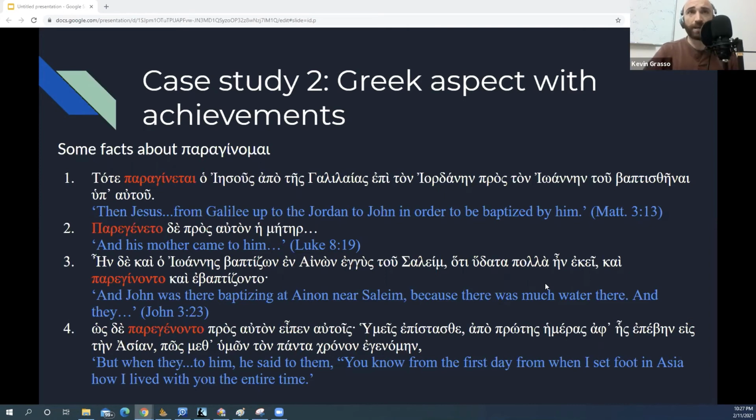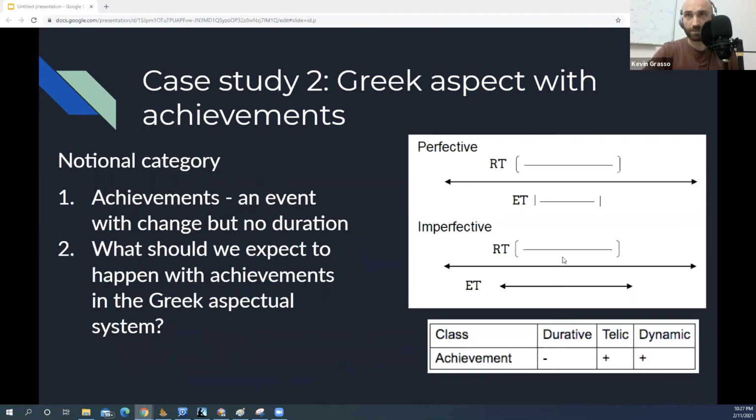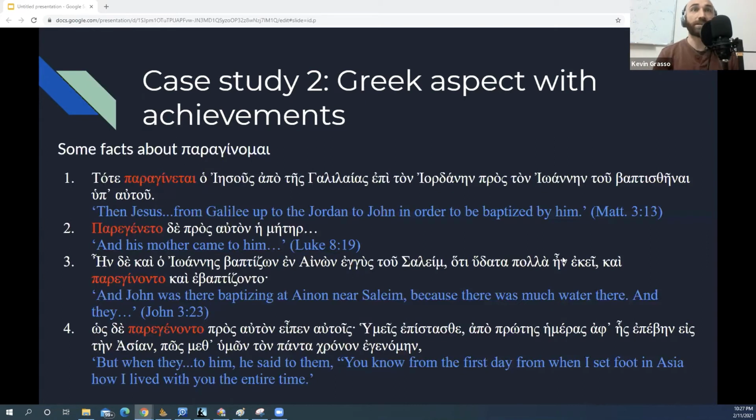And what people mean by that normally is this, right? The point is that in this case, when it says then Jesus blank from Galilee up to the Jordan to John in order to be baptized by him, it seems to be pretty much identical to our next one, in 2, which has an aorist, right?